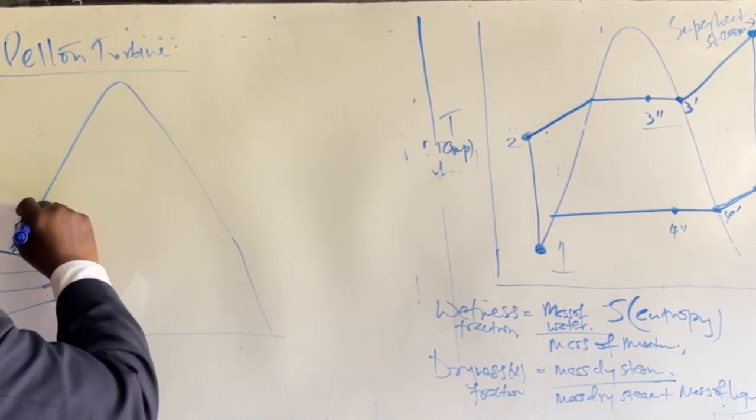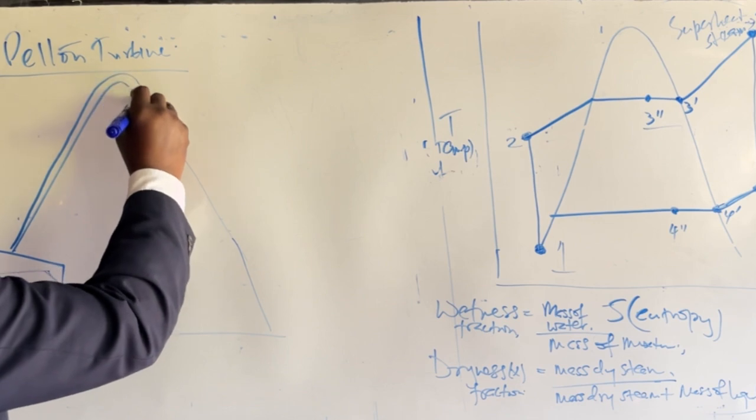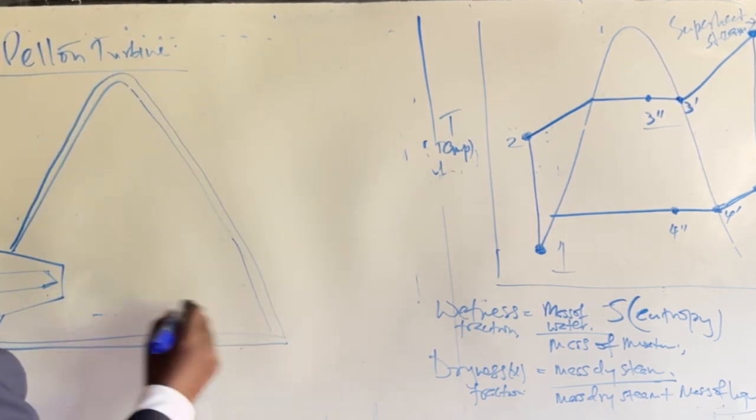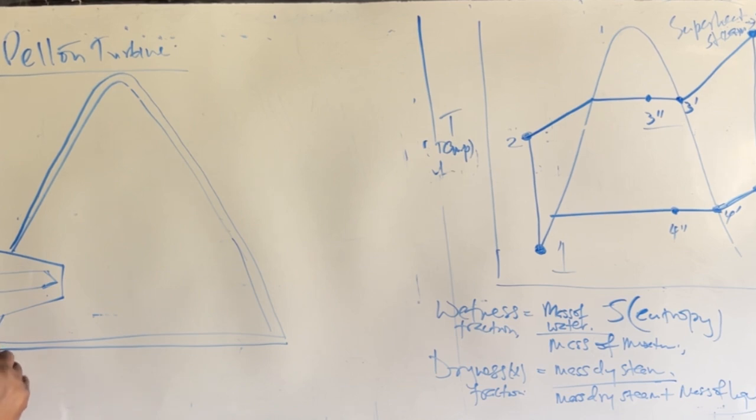Let me put a double casing, so that it doesn't look so delicate. And we have the pipe which brings the steam.